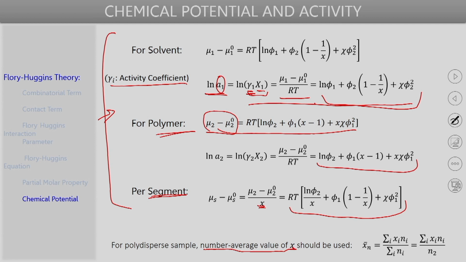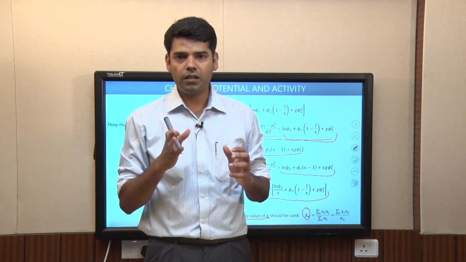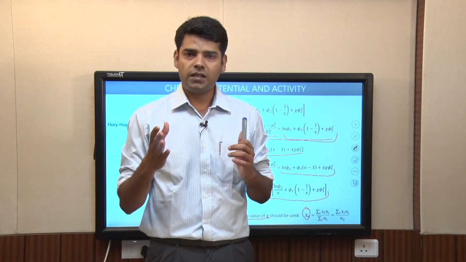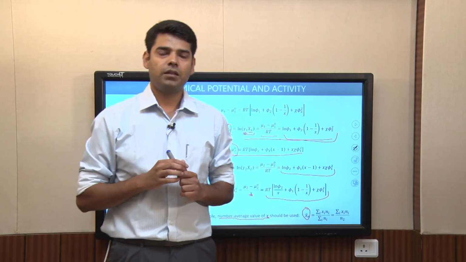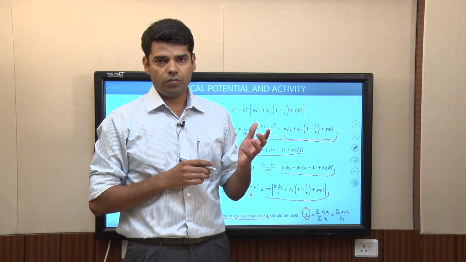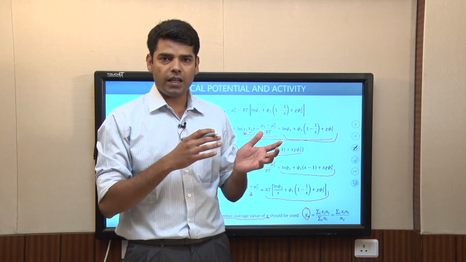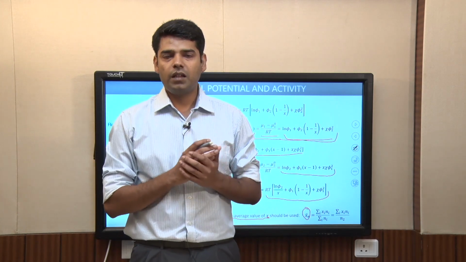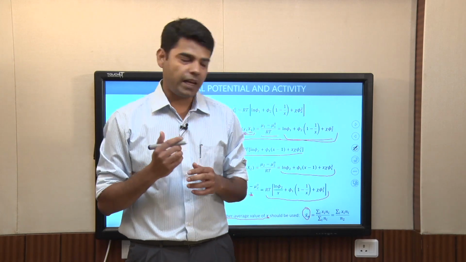Let us represent this number average x by x n bar. That is simply defined as sigma xi ni by sigma ni, where i is the index which runs over all the different sizes of polymer chains that are present in a polydispersed sample. Then sigma ni in the denominator is nothing but just n2.